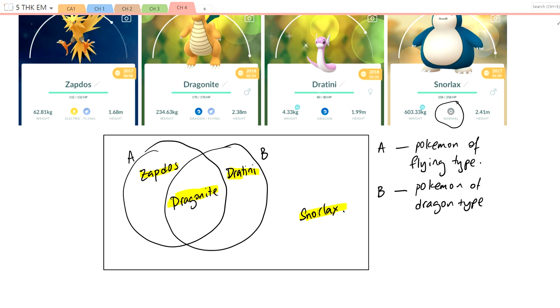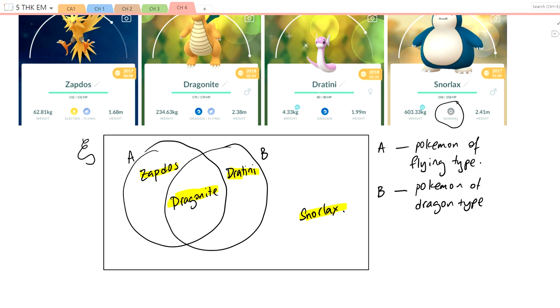So we say that inside this universal set, okay, so we use this symbol to represent the universal set inside this rectangle. The universal set contains all the known Pokemon. And inside this universal set, we've got categories, such as flying type, dragon type, and inside this category, we will just put on all the different Pokemons and we sort them out.